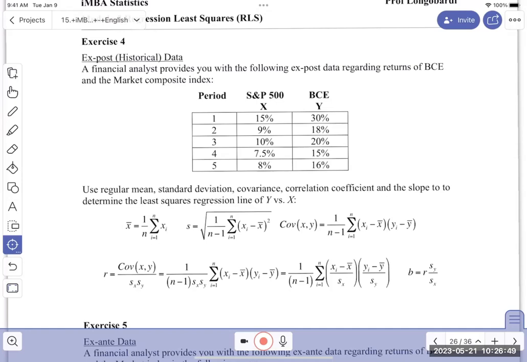Y seems to be doubling X. Yes, every time, every period. Okay, so it's double. So what is B and what is R if they're doubling?